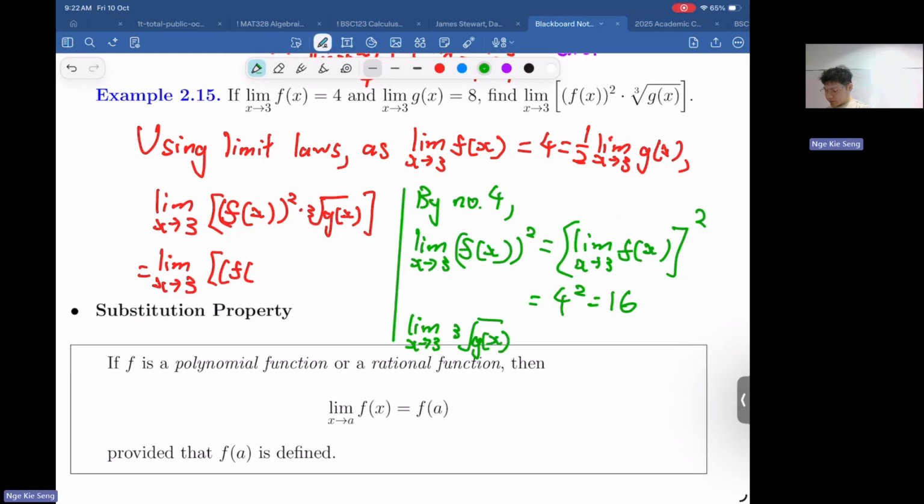Just now we said the square, but this is a cube root. The cube root can commute with the limit, which means I can bring the limit operator into the cube root. You can see why we set the limit of g(x) as 8: 8 is a cube of 2, so we make the calculation easier.